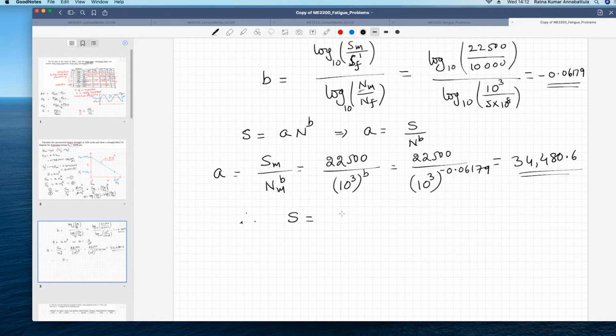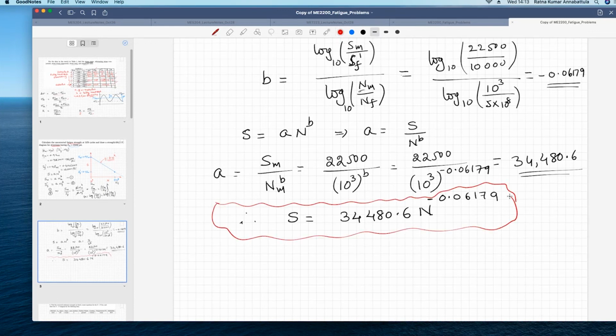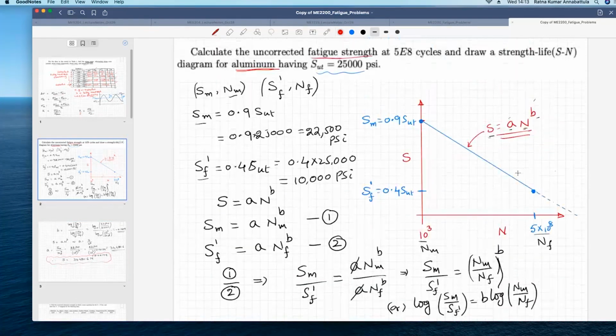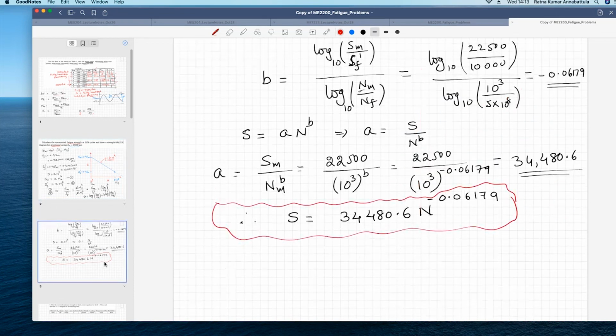S is equal to 34,480.6 times N power minus 0.06179. Right? So this is basically representing the failure surface that we have shown in this blue color here. That is our equation.